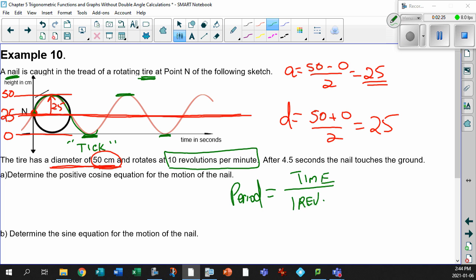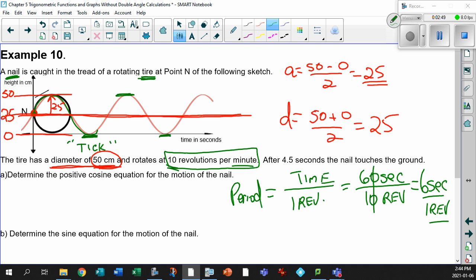How much time for one revolution? Well, think about it. The time here is, this is per minute. So it's 60 seconds, right? For 10 revolutions, which if you think about it, cancel it out, takes you 6 seconds for one revolution. And guess what? There's your period.